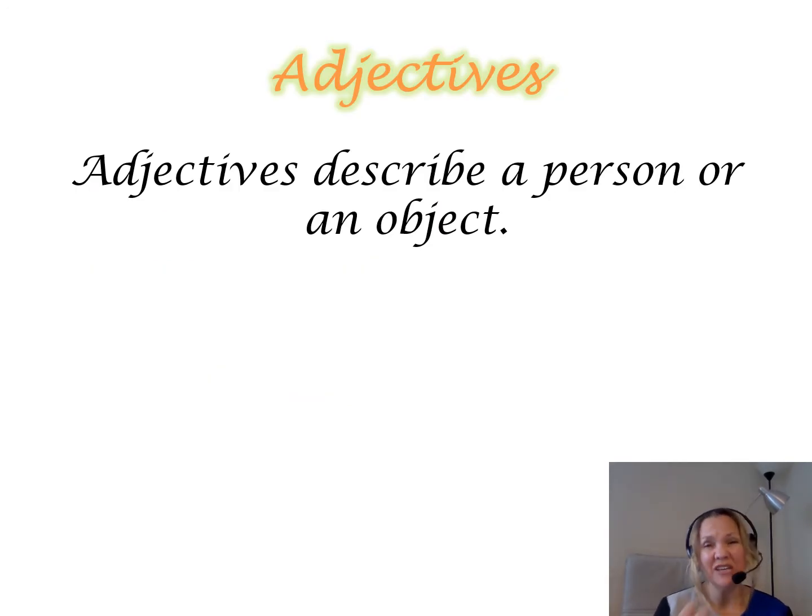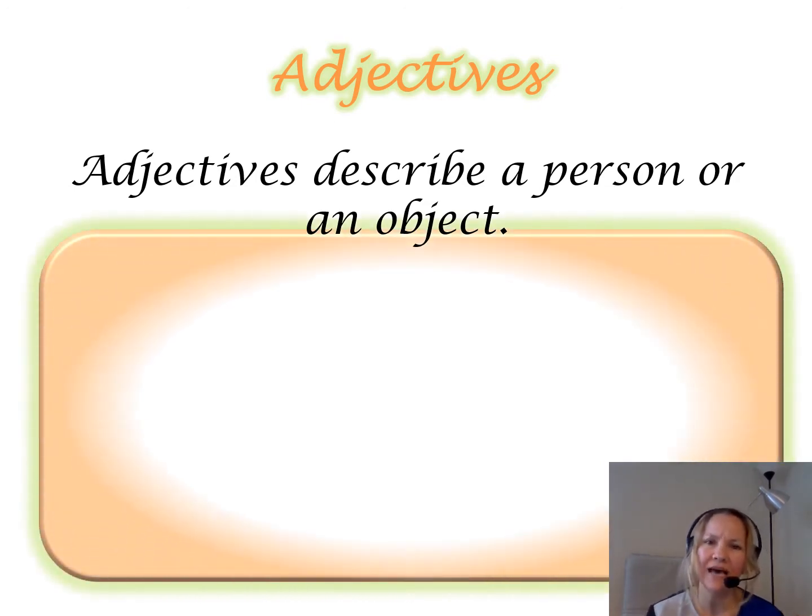We use adjectives to compare two objects, two things, or two places. Adjectives describe a person or an object, and if you want to compare two things, objects or places, we can use adjectives.